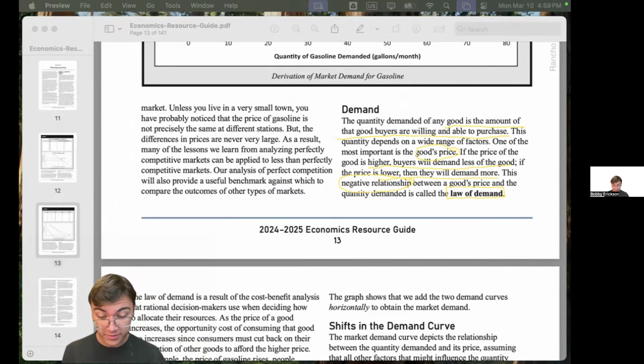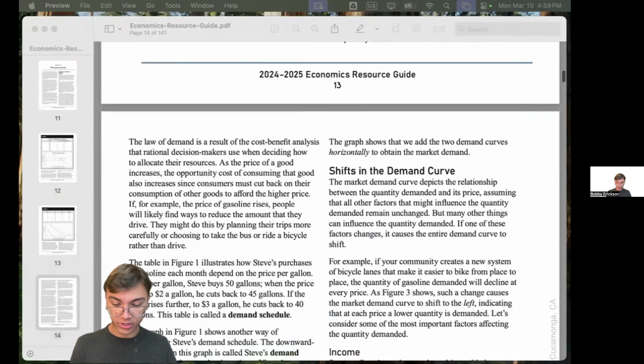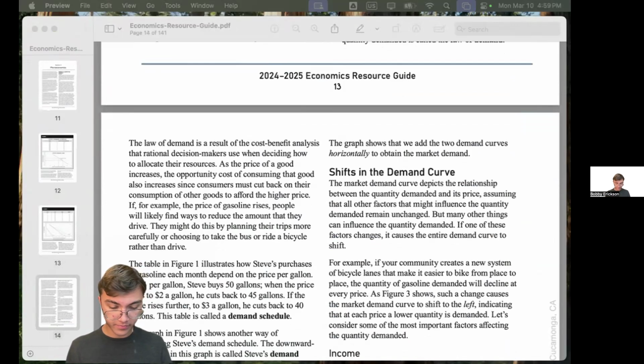And on the other hand, if the price goes down, then people will demand more. Get that very clearly in your head so you're ready for the types of questions you may be asked.